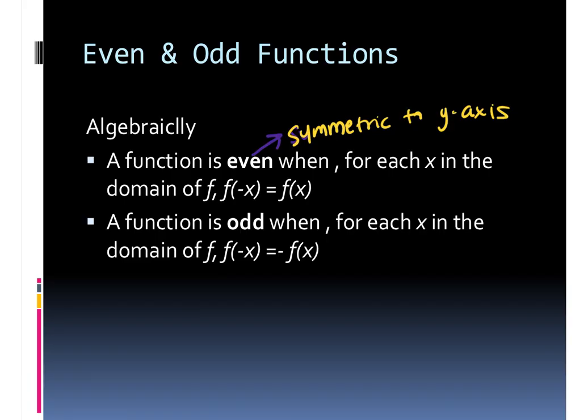And if it's odd, it has symmetry to the origin. Now these are functions, so they can never be symmetric to the x-axis. That's why that's not part of this. Even, y, odd, origin, okay? There's no such thing as a function with symmetry to the x-axis because it would fail your vertical line test.